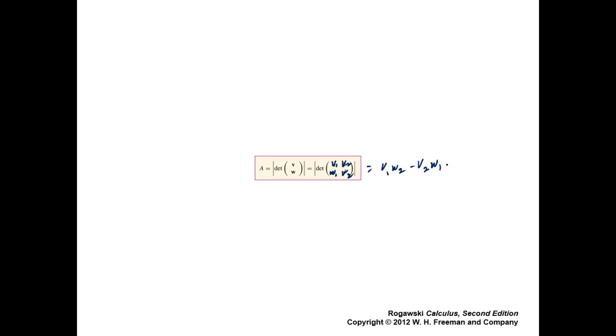And we put absolute values around them because areas are always positive. If you come up with a negative, change it to positive.